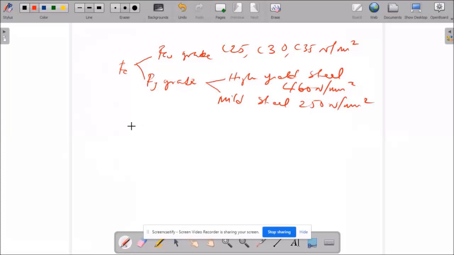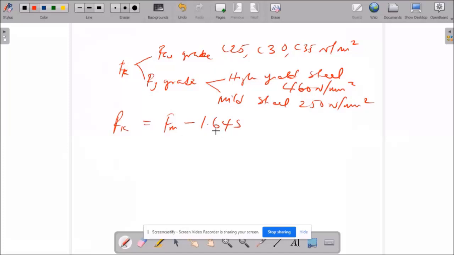Then the value of the characteristic strength is defined. For the characteristic strength, we define the value as here. This should be FK, not FC. So the value of the characteristic strength is given by the mean strength, Fm, minus 1.64 standard deviation.